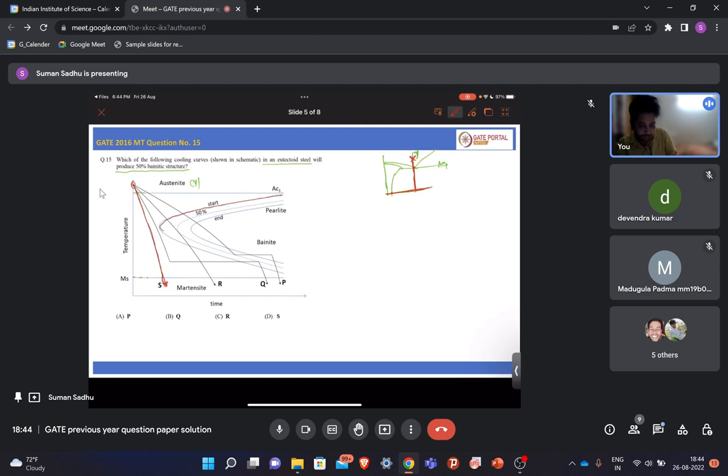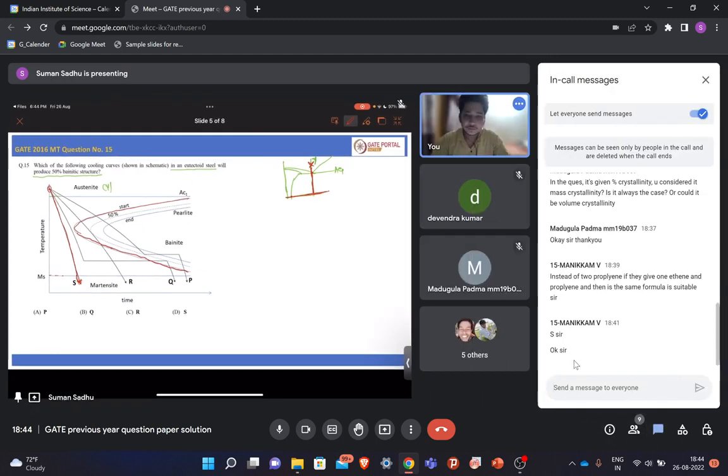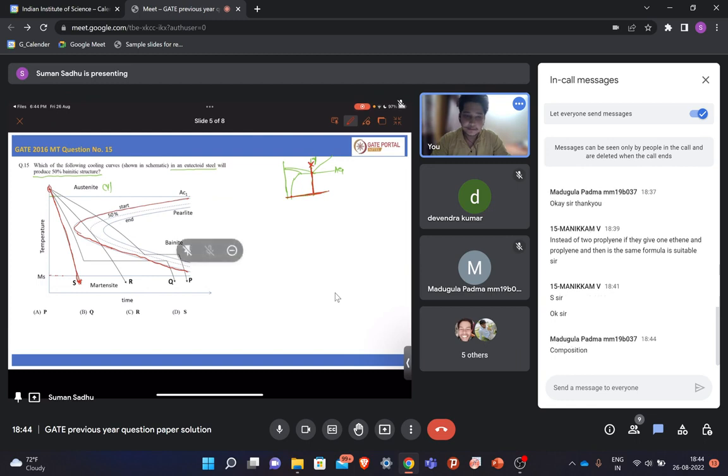By the way, what do these C curves denote, anyone? What is the significance of the C curve, what is it showing?